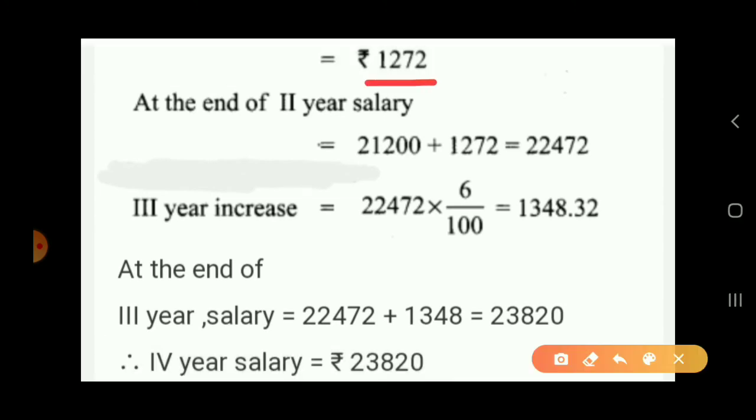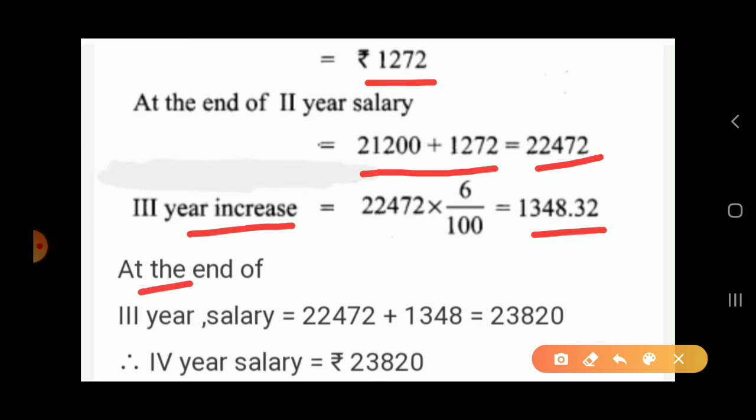So 1,272 is the interest, and the salary before is 21,200 plus 1,272, which is 22,472 at the end of the second year. For the third year, likewise, find 22,472 into 6 by 100, and you can get the interest, 1,348.32.